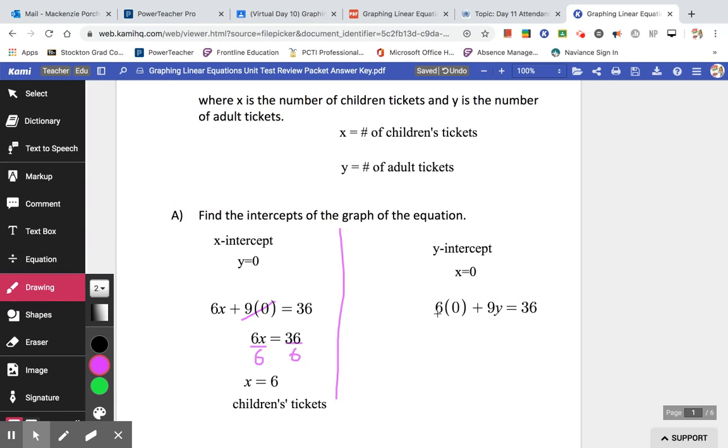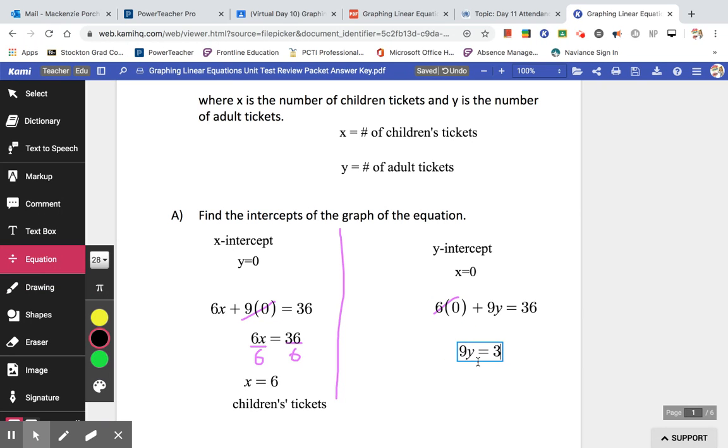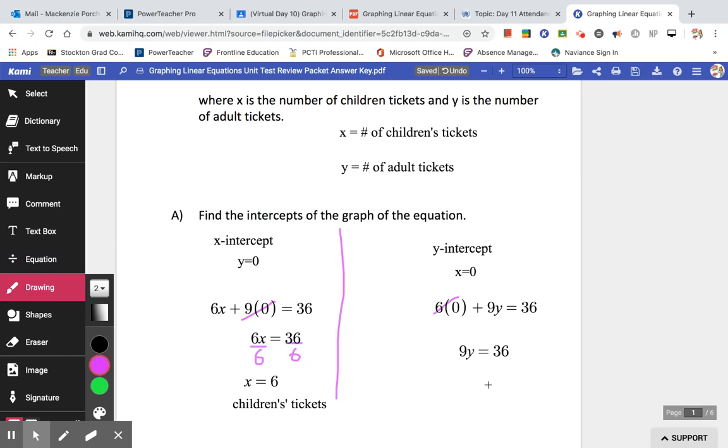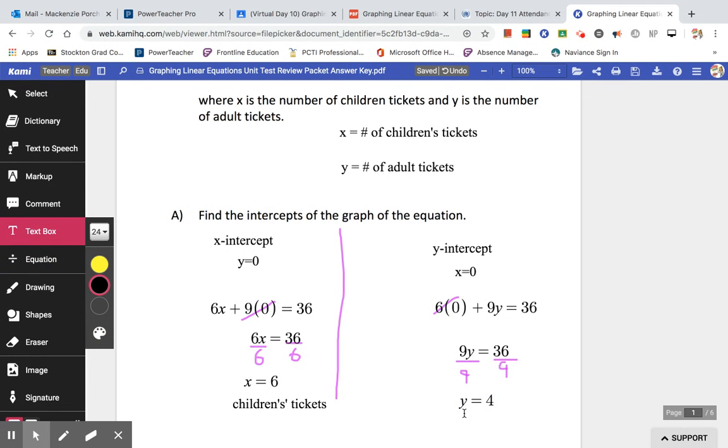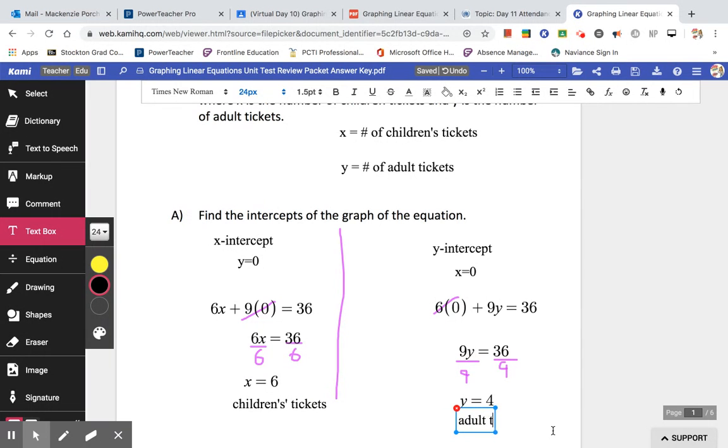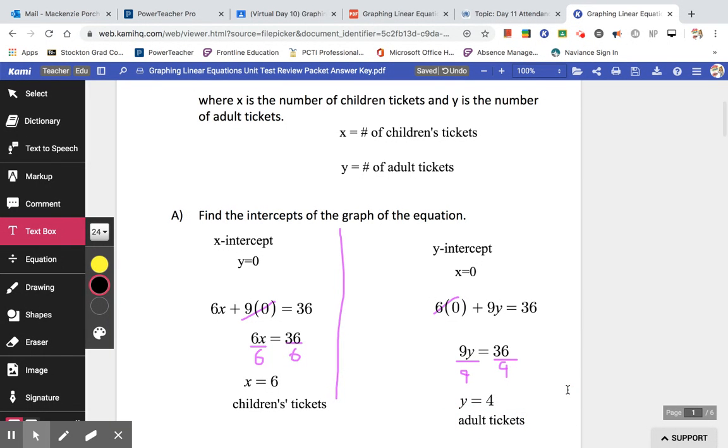Again, this term cancels out, so we get 9y equals 36. When we divide both sides by 9, we get that y equals 4. And y represents the adult tickets, so when you label that, it'll be 4 adult tickets. So that's how you're going to do part A.